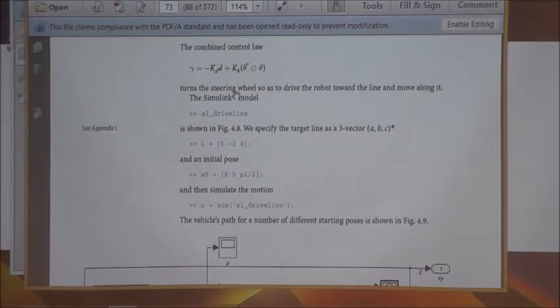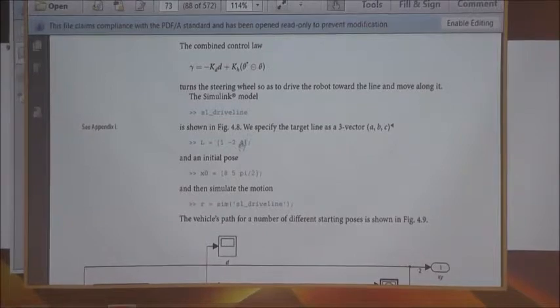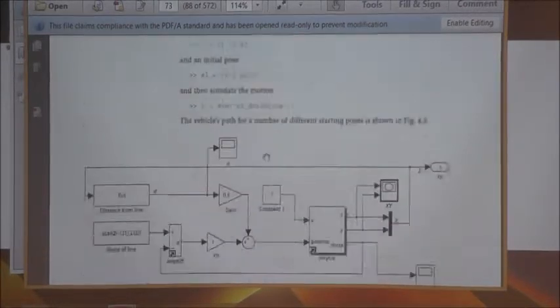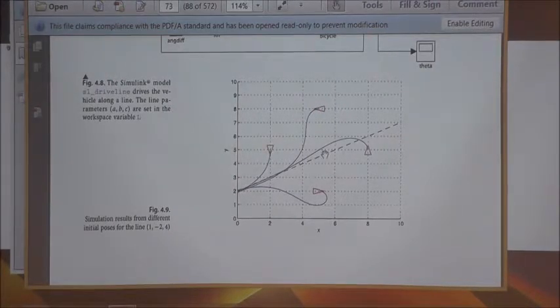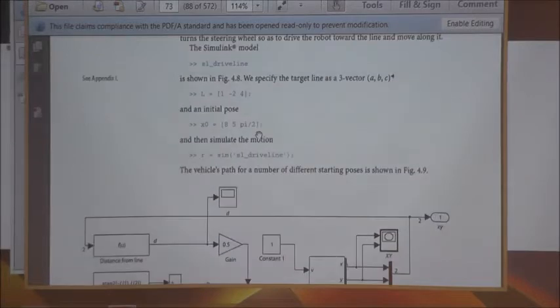So to do that, you again use the derived line command. You then look at the values of the line, 1, minus 2, and 4. These are A, B, C. And the initial pose, 8, 5, and pi over 2, remember that?